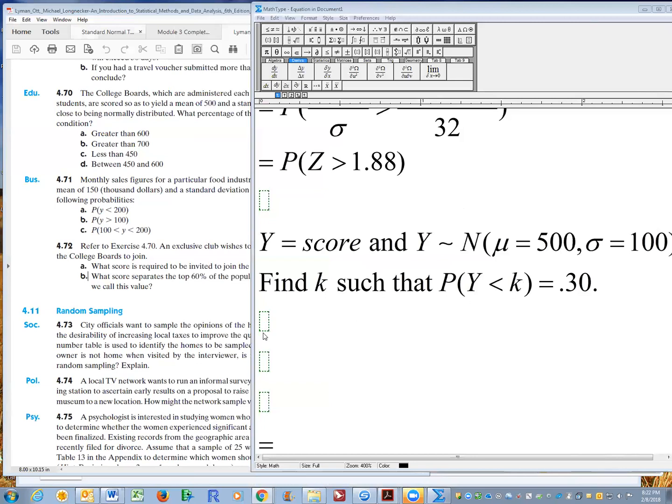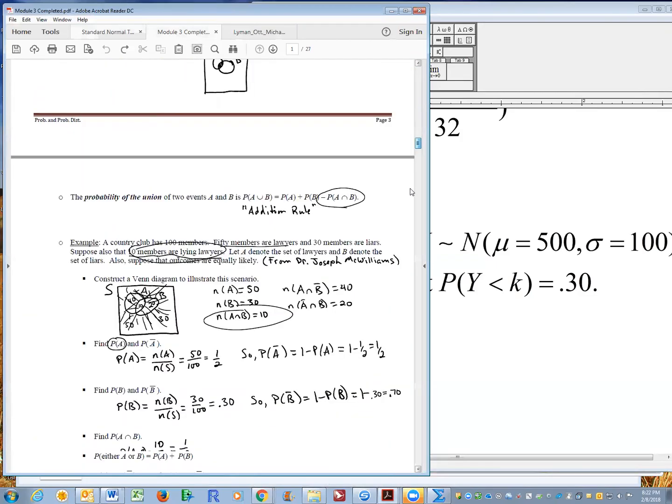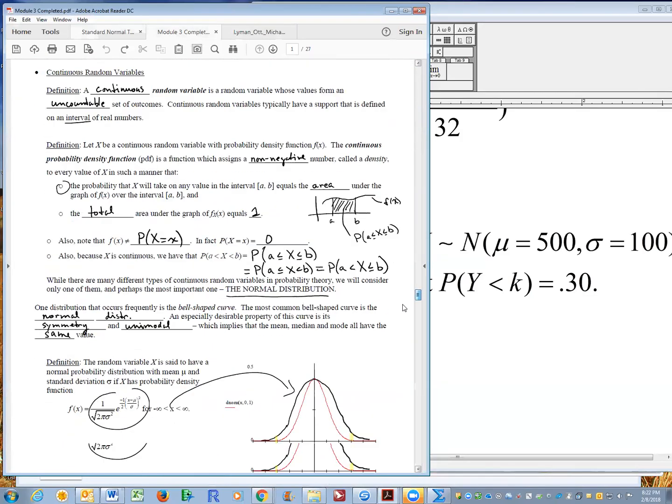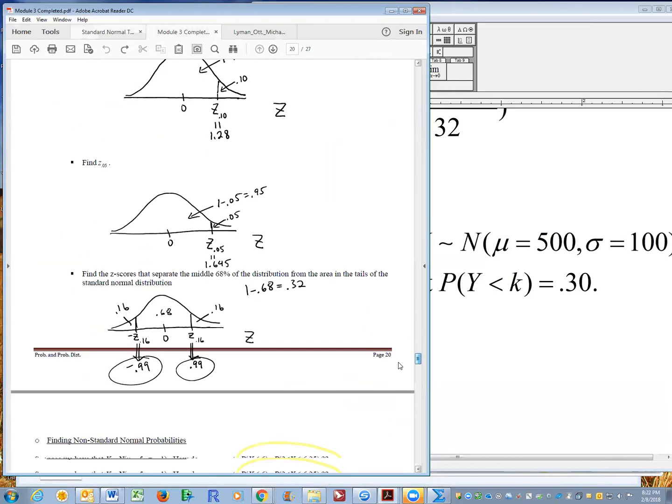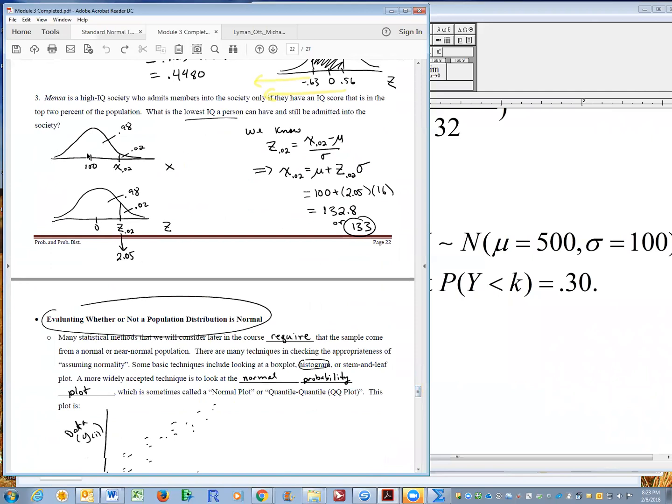When you think about the notation we've had so far, let's look at this example back with the IQ scores. The upper 98th percentile was x sub 0.02, the value of x that had a right tail area of 0.02.